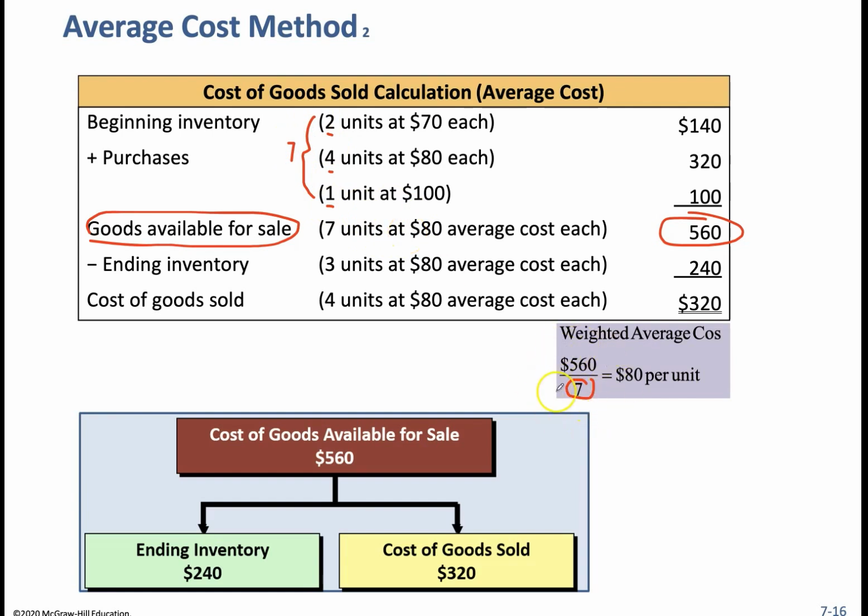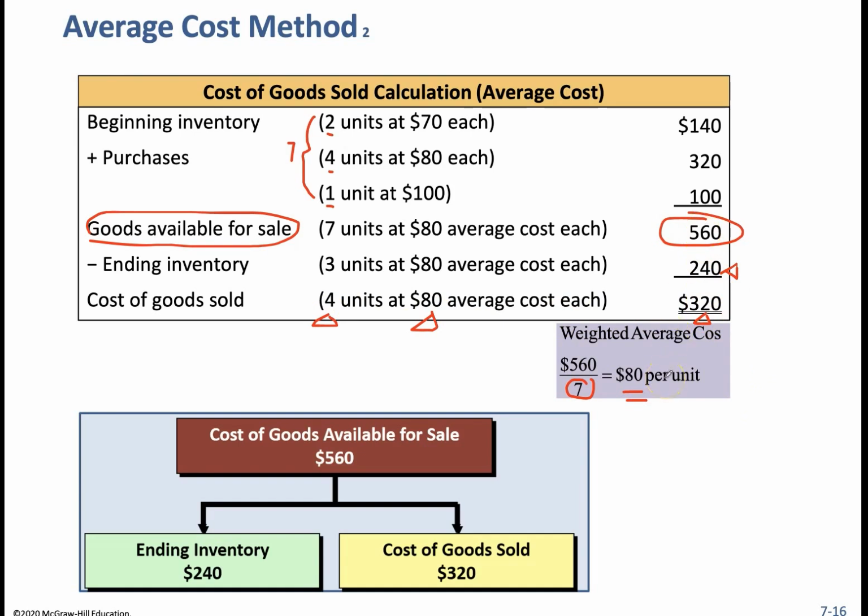So in my bucket, I have $560 worth of goods, and there are 7 units, so each unit is worth $80. So I assume that the 4 units that I'm selling have an average cost of $80, so the cost of goods sold would be $320, and ending inventory would be $240, because they should add up to be $560.